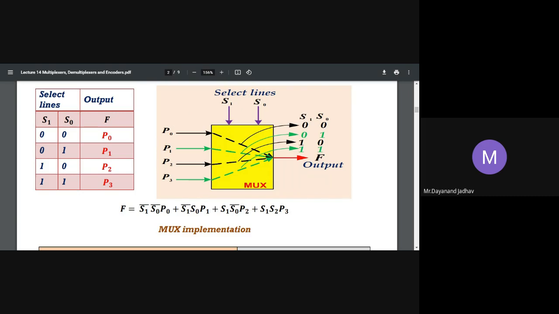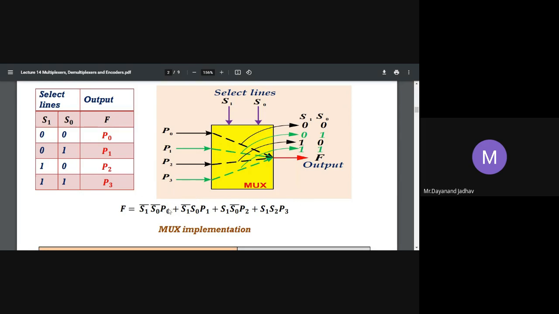We can write F equal to S1 bar S0 bar P0, because of 0 0, F is selected as P0, plus S1 bar S0 P1, plus S1 S0 bar P2, plus S1 S0 P3.